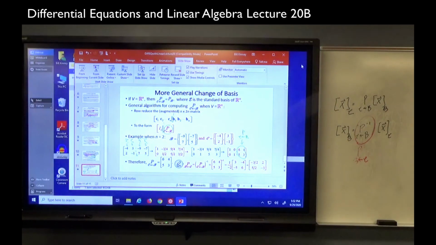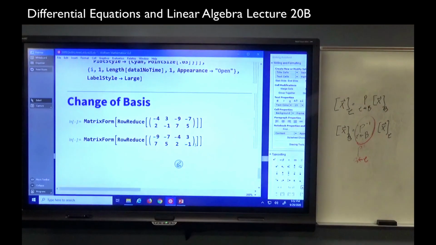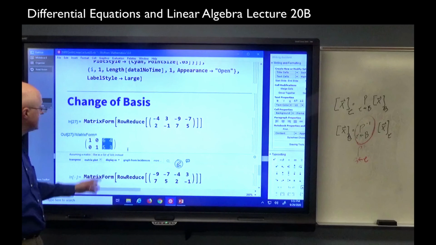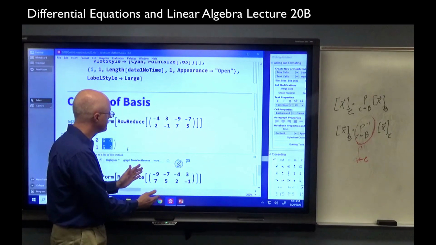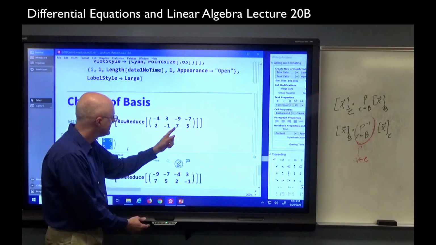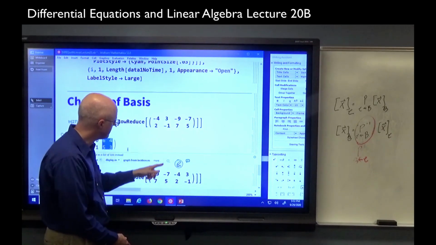Let's end with Mathematica. Illustrating the row operations and the answer. So the P matrix is this one right here. If I did the row operations the other way, if I didn't just invert this with the shortcut formula, but if I swap the columns here, notice -4, 2 goes there, -3, -1 goes there, the B's and C's are swapping, -9, 7 goes here, -7, 5 goes there.